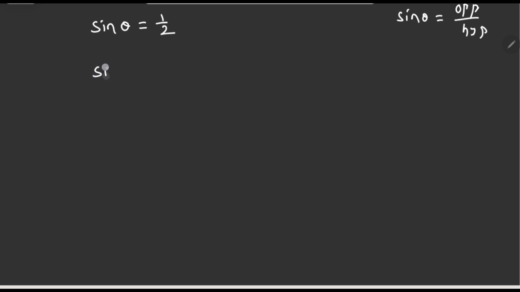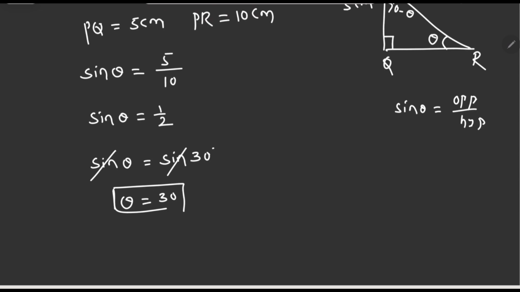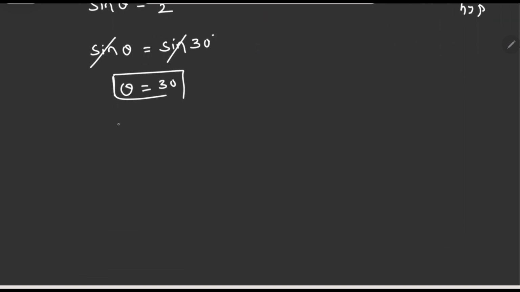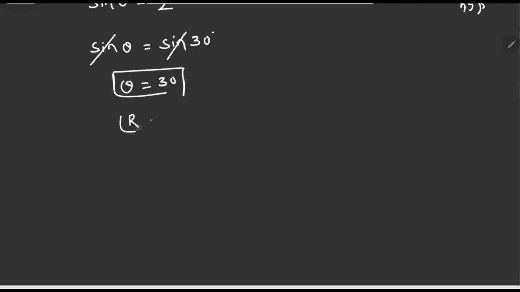Therefore, instead of 1 by 2, can we write sin 30? Because the sin 30 value is equal to 1 by 2. Therefore sin cancels, theta is equal to 30. But we have taken theta as R, so angle R is equal to 30 degree.